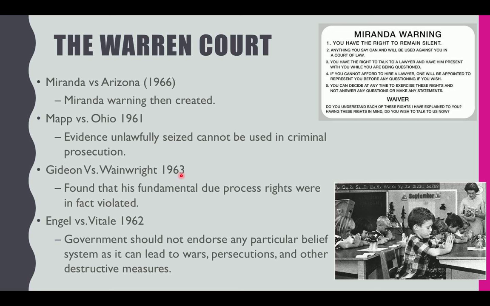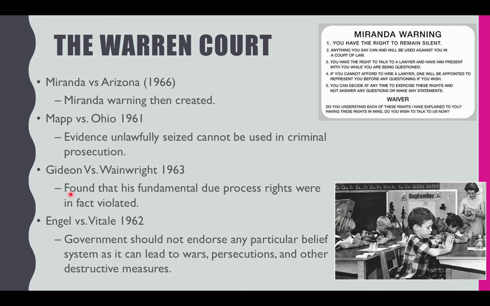Gideon versus Wainwright, 1963. In this case, a man by the name of Gideon, last name Gideon, was found guilty of a crime, didn't have enough money to hire a lawyer. The court did not let him know that he has the right to have one appointed to him. He tried to defend himself in his case and was ultimately found guilty, but he challenged that guilty verdict because he didn't have proper legal representation.